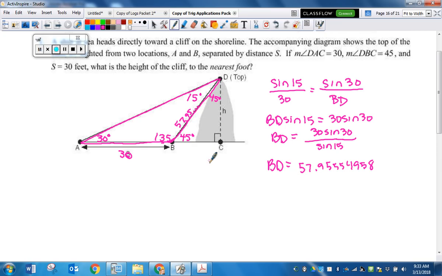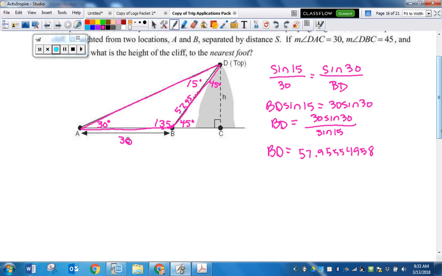So now I have some options. I could certainly, it's a right triangle, so I could deal with my SOHCAHTOA, which I'll show you in a minute. It's also a 45, 45, 90. I can deal with that. I'll show you that. But we haven't talked about the fact that law of sines actually applies to any triangle. So I could use law of sines here again. One possibility is I could say, sine of 90 over 57.9555495 has to equal the sine of 45 over h, which is what I'm looking for.